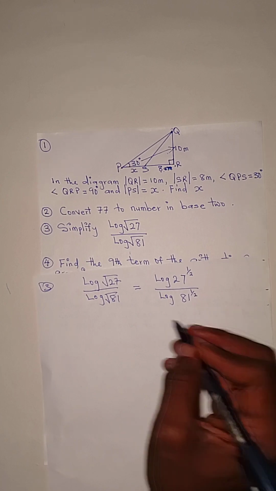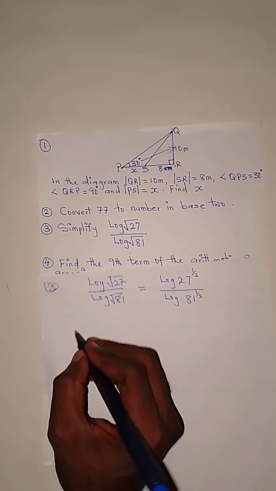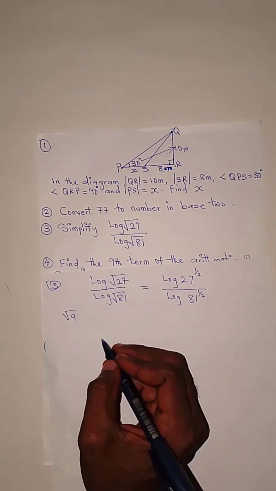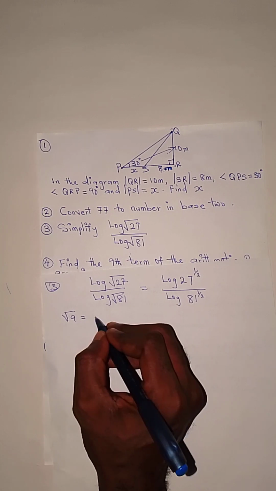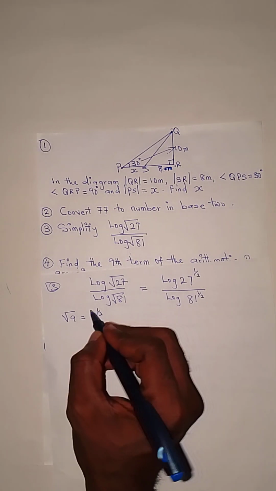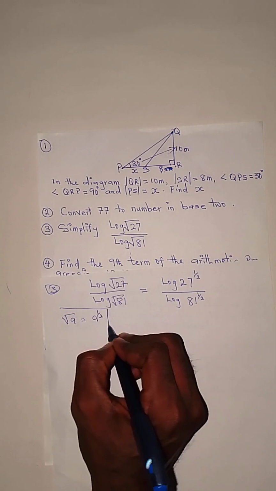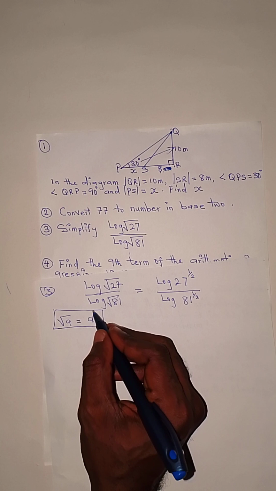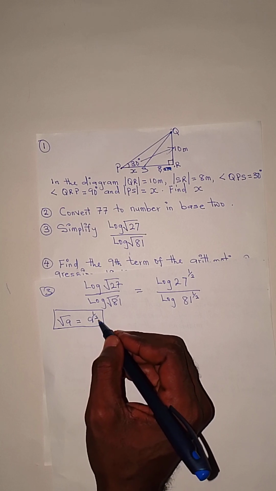Now, another way of writing square root of a number, if I'm to write square root of a like this, another way of writing that will be a raised to power 1 all over 2. So when you want to write a square root, you can write it as the number raised to power 1 all over 2.